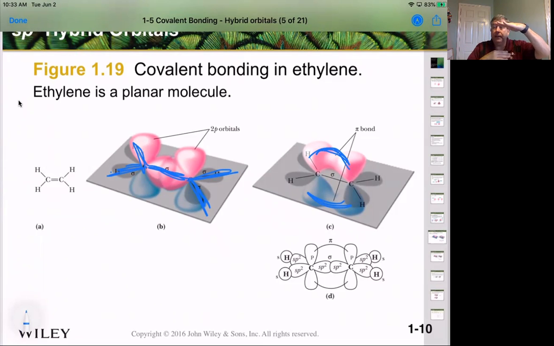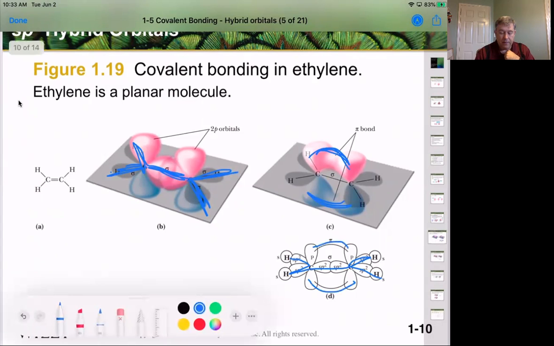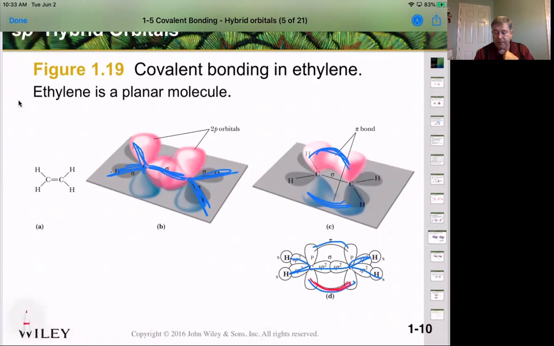Your p's overlapped parallel give us our pi bonding. Okay, so here's another way to look at it. Here's the plane created by the molecules here, and this pi is above and below that plane. So this is the pi orbital and pi bond, and the rest of the bonds are direct overlap or sigma bonds.